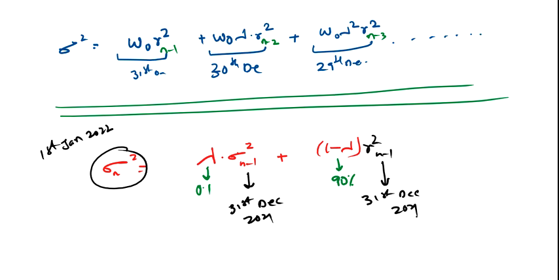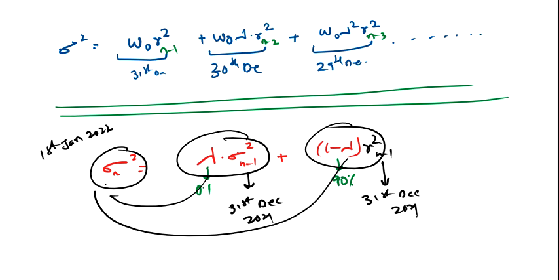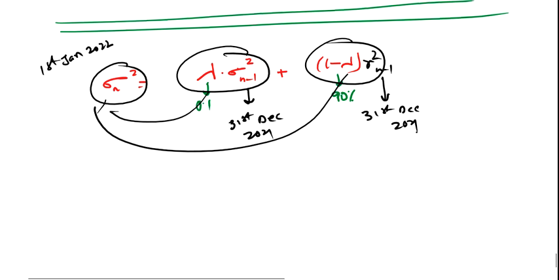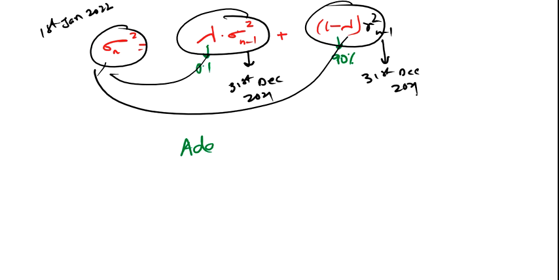We take the data of one day before, that is the most recent volatility and the most recent return, and taking the cumulative value, based on them I am forecasting the volatility on 1st of January. Clear? And this equation is also known as adaptive volatility estimation. Write down: adaptive volatility estimation.